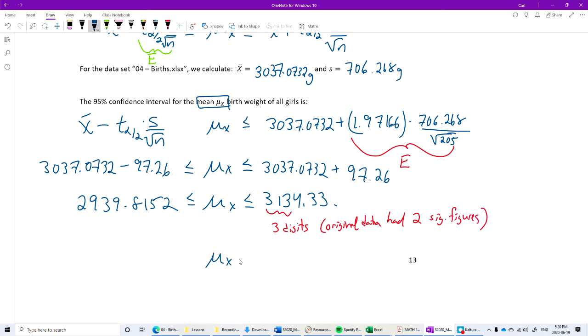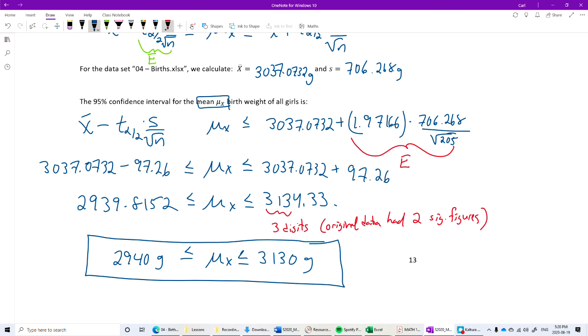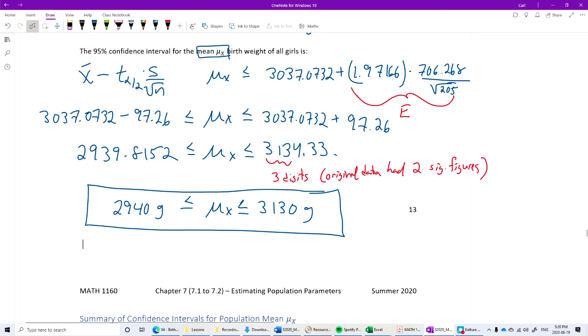So 2940 grams up to 3130 grams. So that's our 95% confidence interval. We're 95% confident that, based on that sample, the true population mean is between these two numbers.